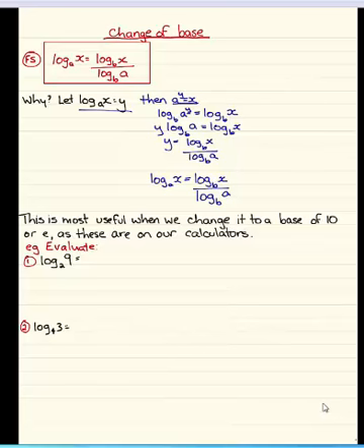Okay, so having a look at this first example, we've got log base 2 of 9. Now, I don't know what power I need to raise 2 to get the answer of 9, but what I do know is that log base 2 of 9 is the same as log base, now you can choose here, I'm going to use base 10 of 9 all over log base 10 of 2.